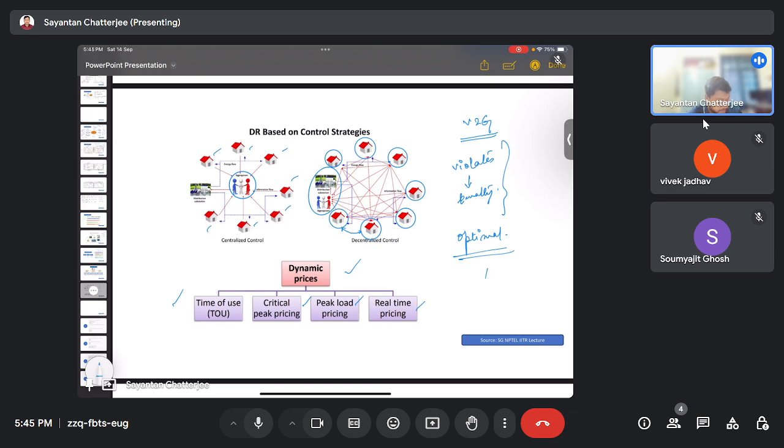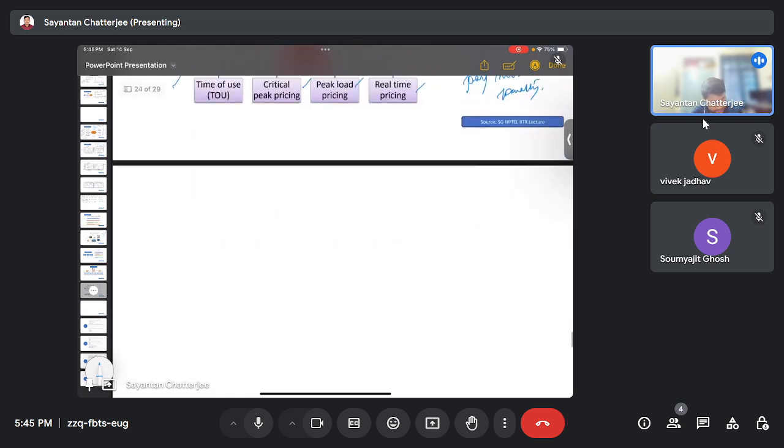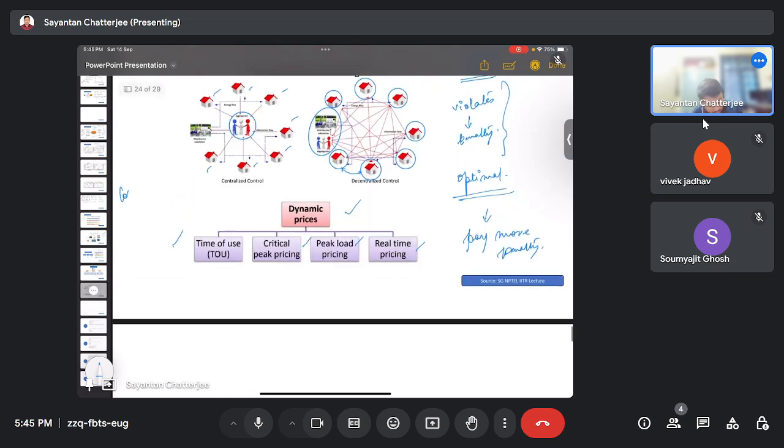In those cases, people will have to pay the price, that is, pay more penalty. That is the aim. So communication architecture plays a major role.